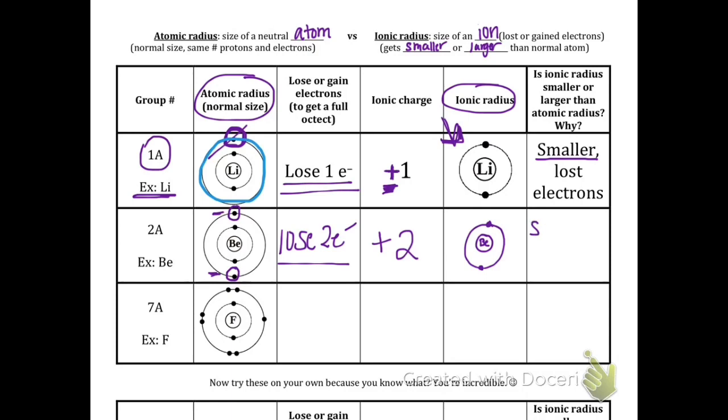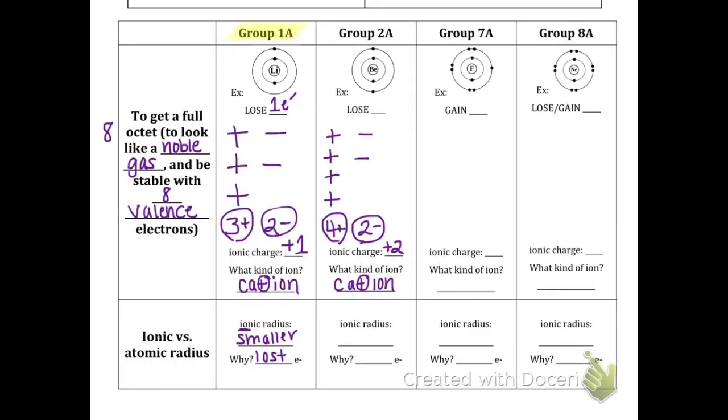We definitely got smaller because we lost 2 electrons. And that's my little shorthand for electrons. So let's go back to the previous page and finish off this little summary here. We're going to get smaller because we lost electrons. Let me put that number right there.